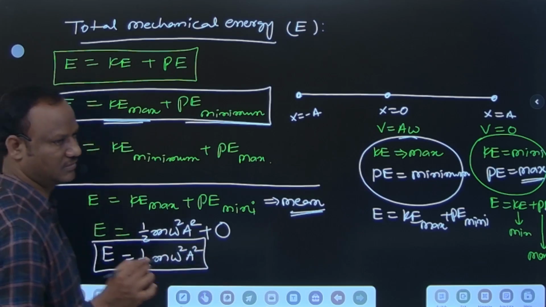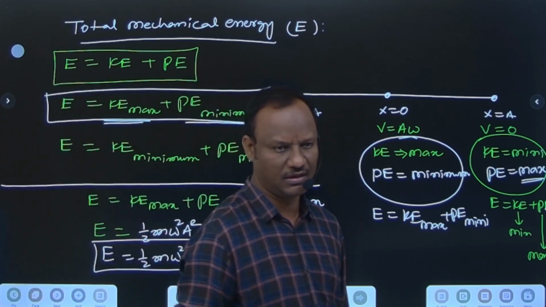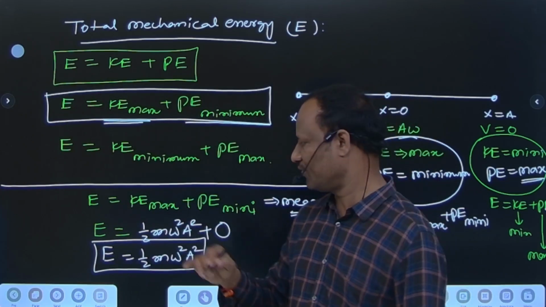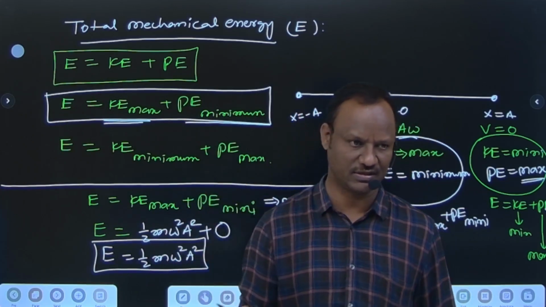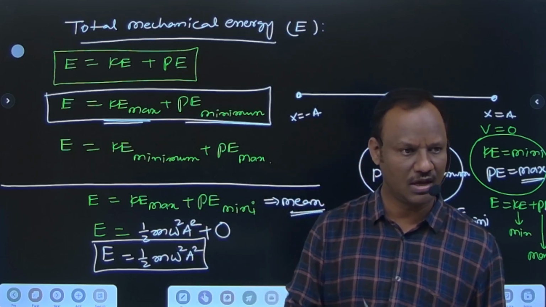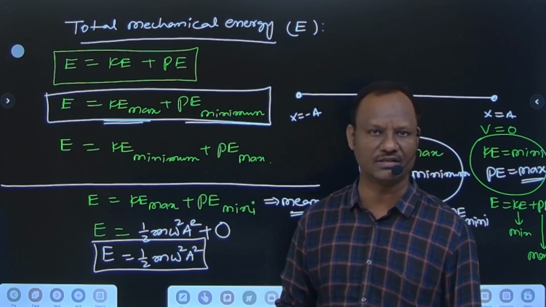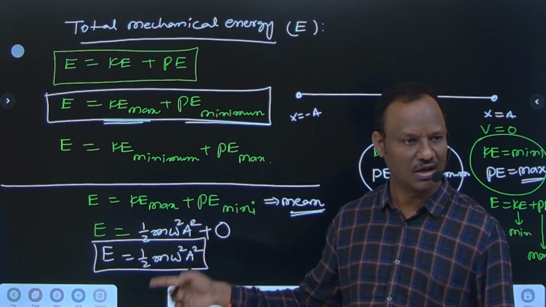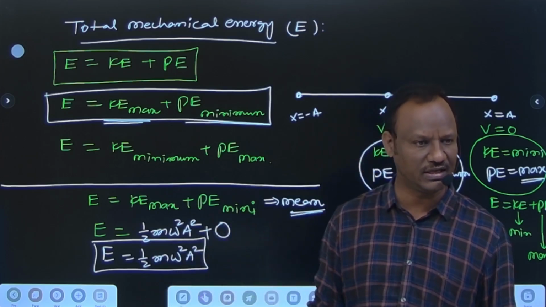From this we understand maximum kinetic energy is equal to half m omega square a square. Maximum potential energy is equal to half m omega square a square. Total energy is equal to half m omega square a square.